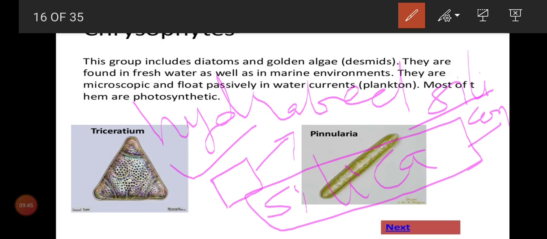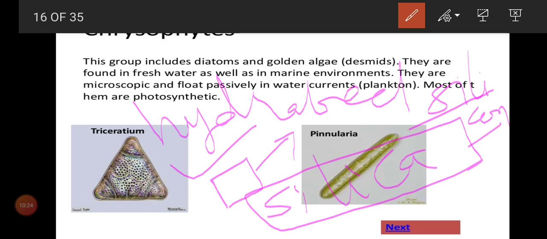So what is a diatom? It is an algae that comes under chrysophytes. It lives in fresh water and also in marine water. It moves passively and is photosynthetic, and it has a cell wall of silica, hydrated silicon dioxide, which is not degraded, so it deposits in the aquatic area and the area becomes diatomaceous earth.